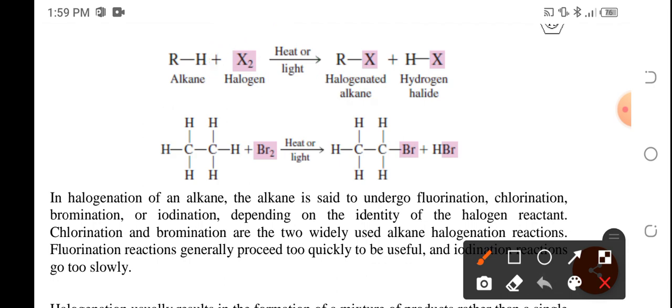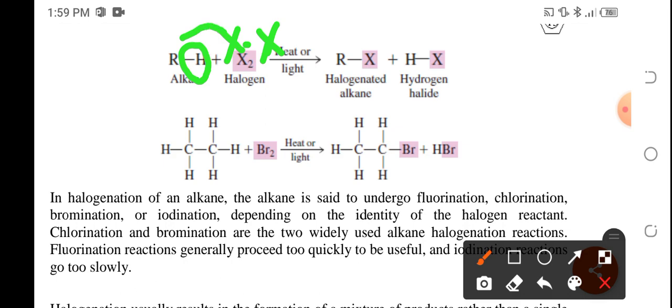Okay, so if halogen is a diatomic element, so you could have XX there. Okay? One of the halogen molecule or one of the atoms of the halogen will react with or will substitute, okay, will replace that hydrogen.